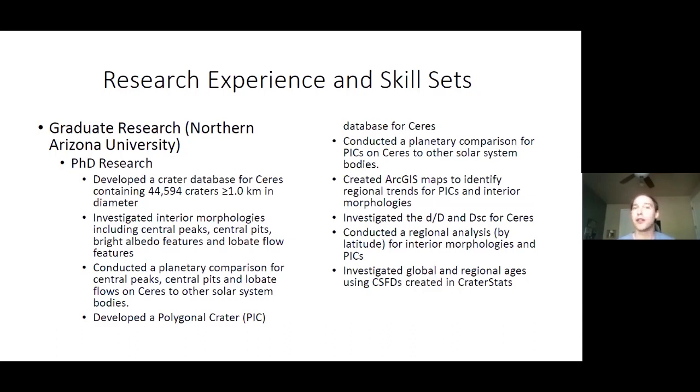And I also did a planetary comparison for Ceres and its polygonal impact craters and other solar system bodies, just so that I can see how polygonal craters formed on Ceres and how it differs from these other bodies.